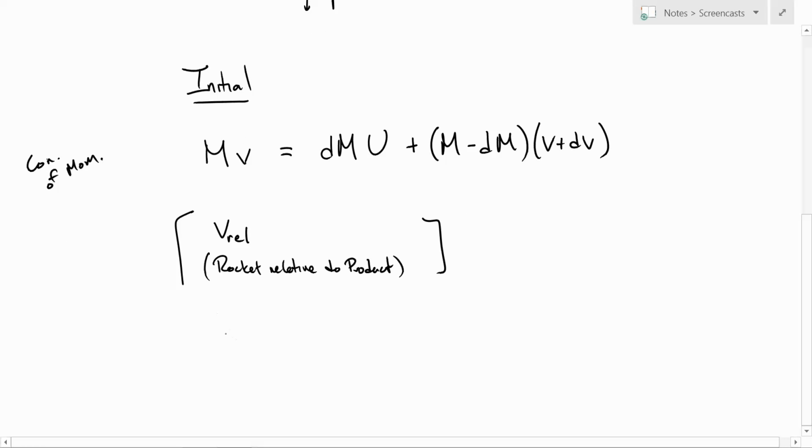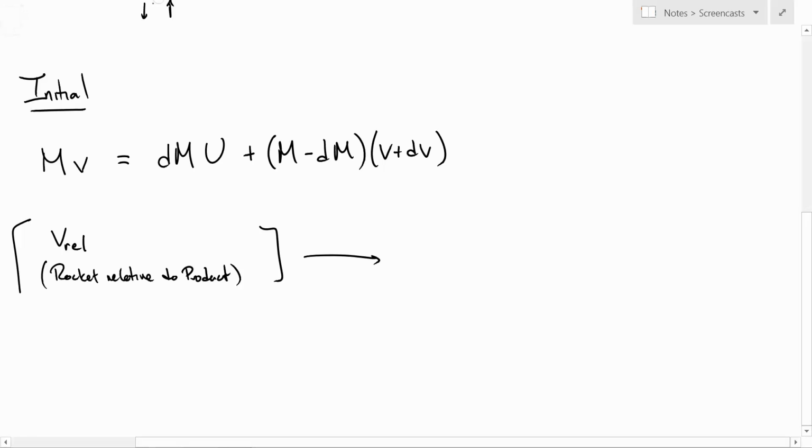So if we think about this, remember that way back when we were talking about velocity, we said that if I wanted the velocity of A relative to B, plus B relative to C, that was A relative to C. So if I know how fast the person is moving relative to the train, and how fast the train is moving relative to the ground, I know how fast the person is moving relative to the ground. And ground does not start with R like relative does.